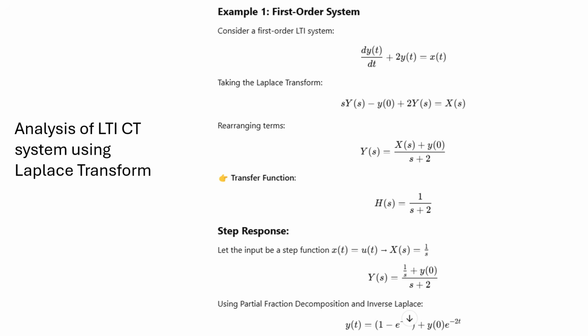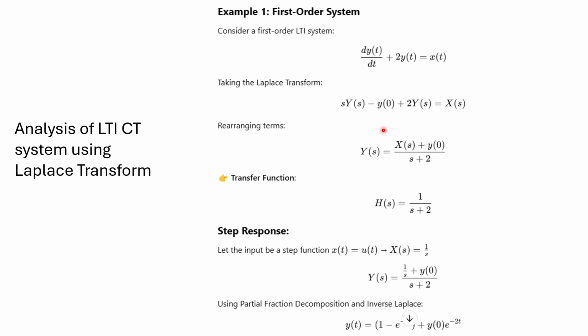So let's see some examples. Here is the example of a first order system, a first order LTI system. So here is y(t) and x(t). First we convert into the s domain. So dy(t) divided by dt is one time differentiation. So the s domain will be sY(s) and y(0), which will be given, otherwise you can put the value of t0 as zero, and then you get 2Y(s) equal to X(s).